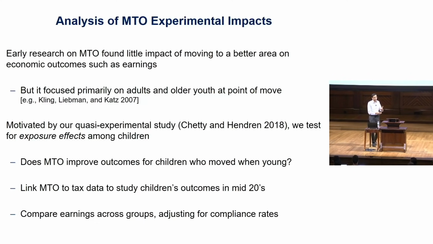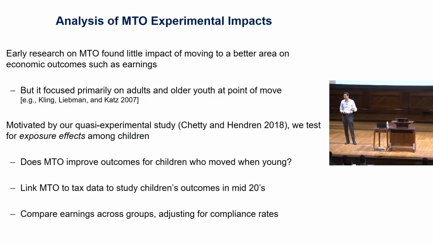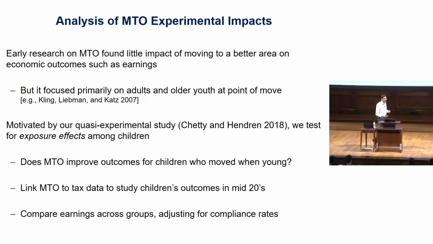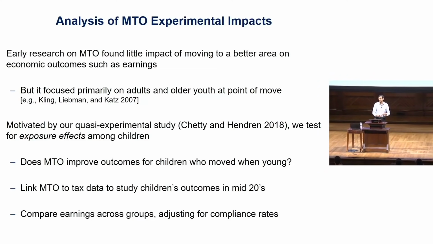So it turns out when you look back at the data, the earlier studies focused primarily on adults and on kids who moved at older ages. And why did they do that? Because if you think about kids who were like 5 years old in 1996 when they moved to a different neighborhood, and you were doing an evaluation in, say, 2000 or 2005, and you were trying to look at outcomes like earnings or college attendance rates or employment, the kids who moved when they were very young were just not old enough to be able to observe those outcomes, right?